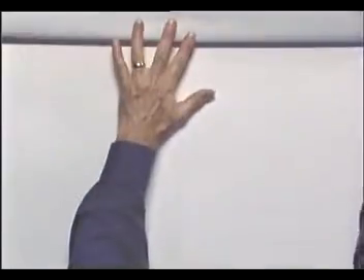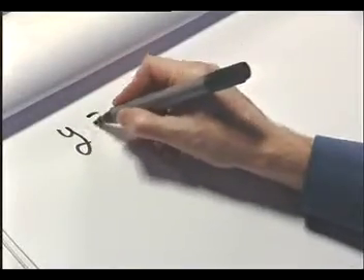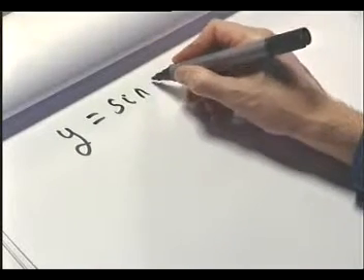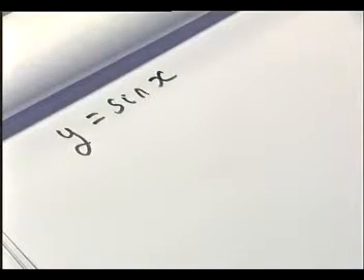So we've seen how we can extend the technique of finding the area under a curve between the x-axis and between two given ordinates to finding the area between two given curves. Let's take another example. This time let's use the function y equals sine x.